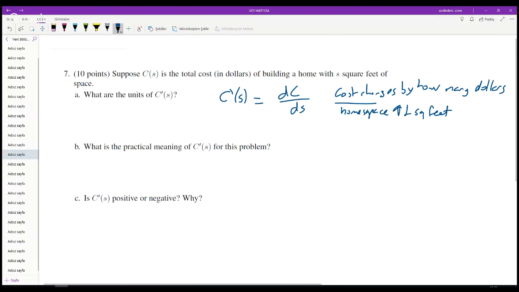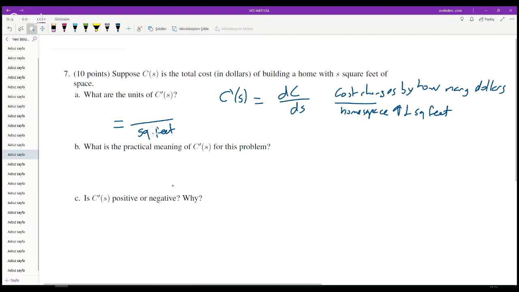Therefore, what is the unit of cost? First, think about that. And second, the unit of home space. This is square feet.